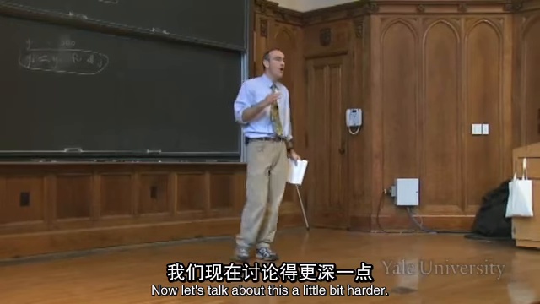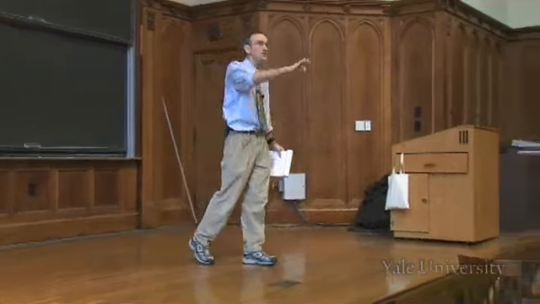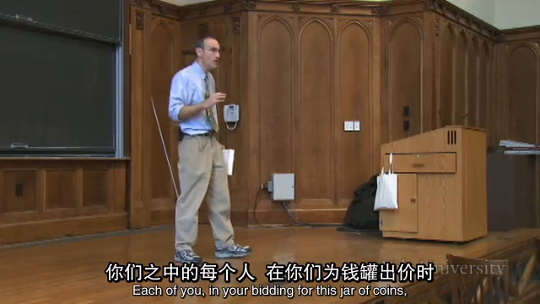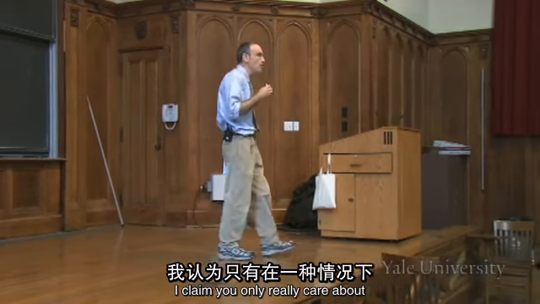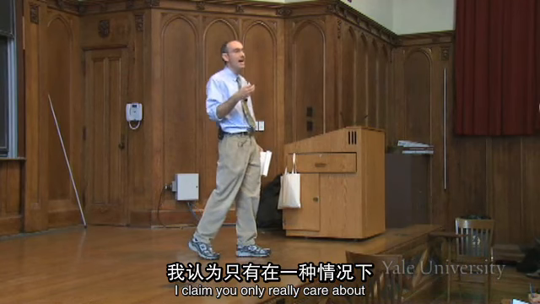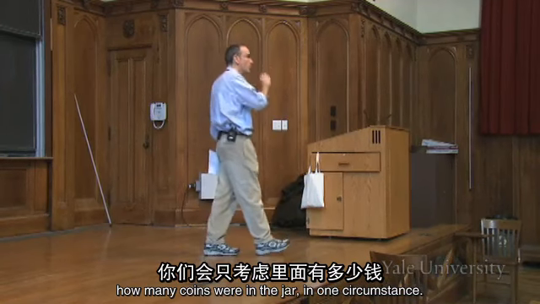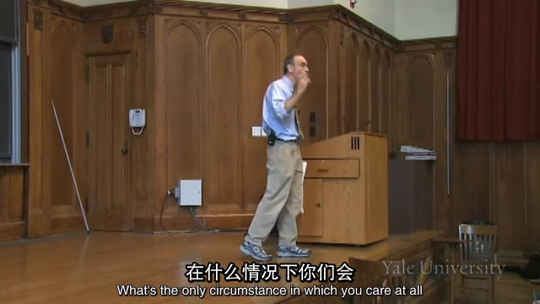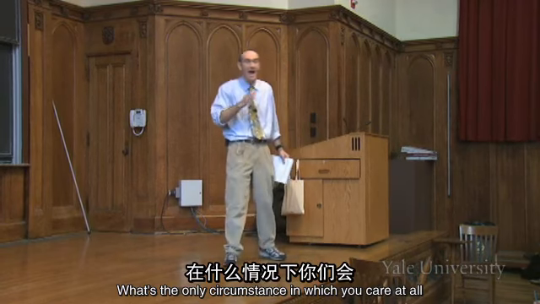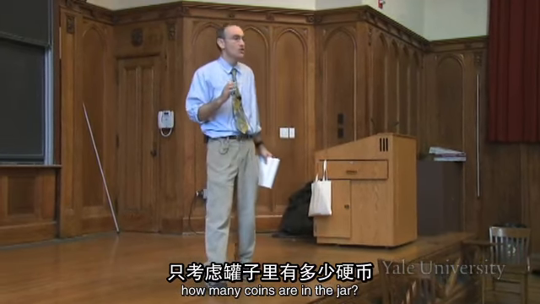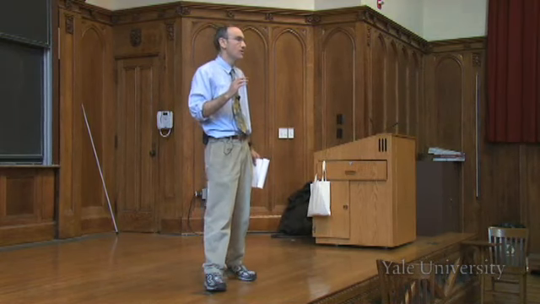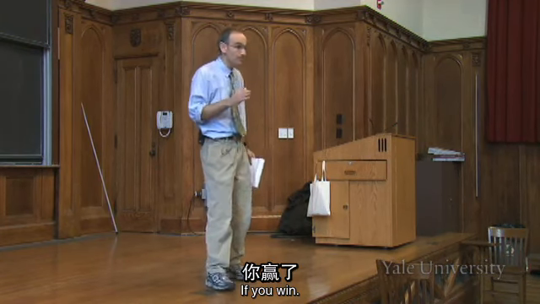Now let's talk about this a little bit harder. Each of you, when you're bidding for this jar of coins, I claim you only really care about how many coins were in the jar in one circumstance. What's the only circumstance in which you care at all how many coins are in the jar? If you win, right?